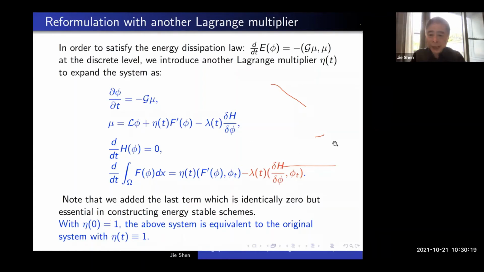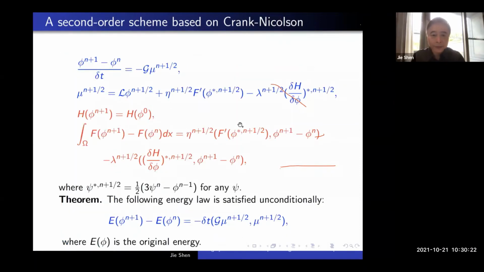So how do we discretize this expanded system? We do exactly the same thing as before. We treat the linear terms implicitly. We treat all the nonlinear terms explicitly.